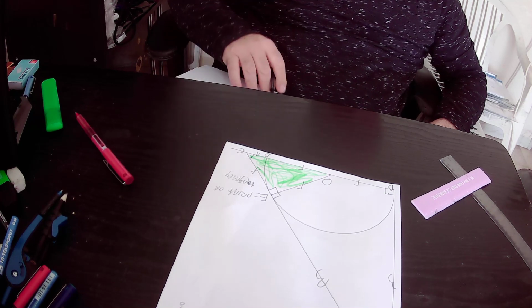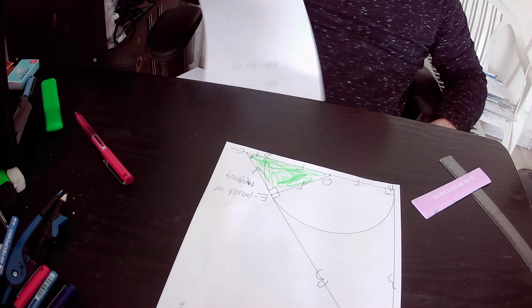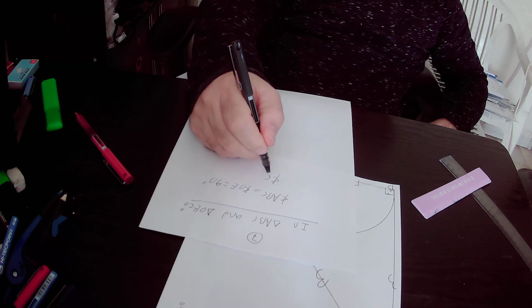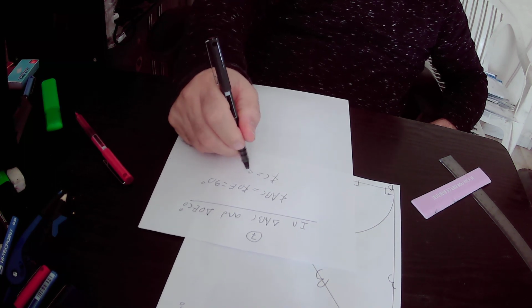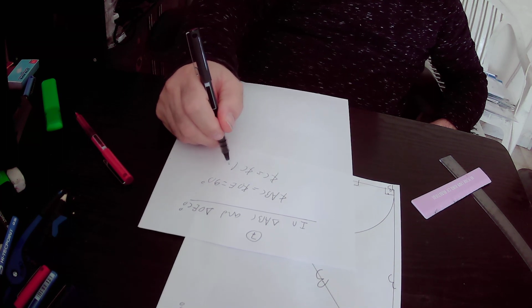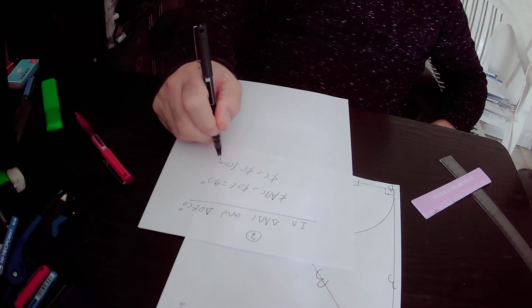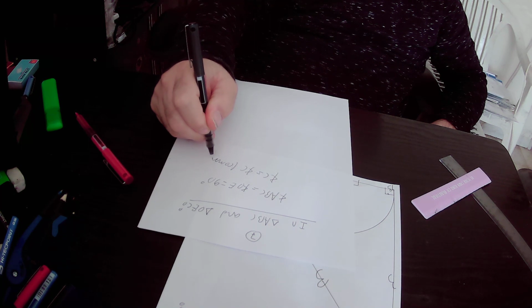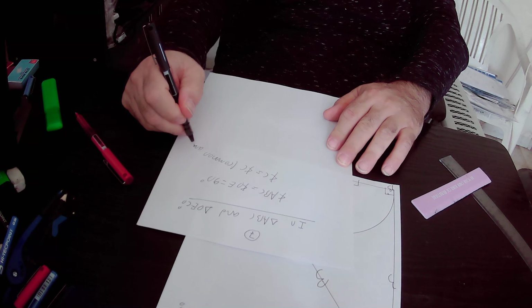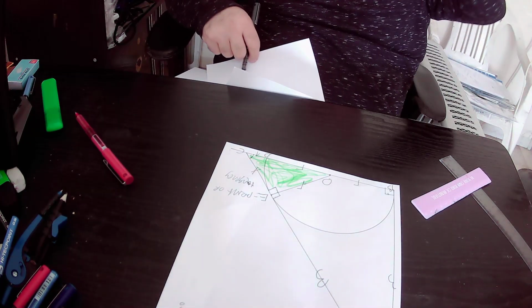So we can write down that angle C equals angle C. It is a common angle that belongs to both triangles.